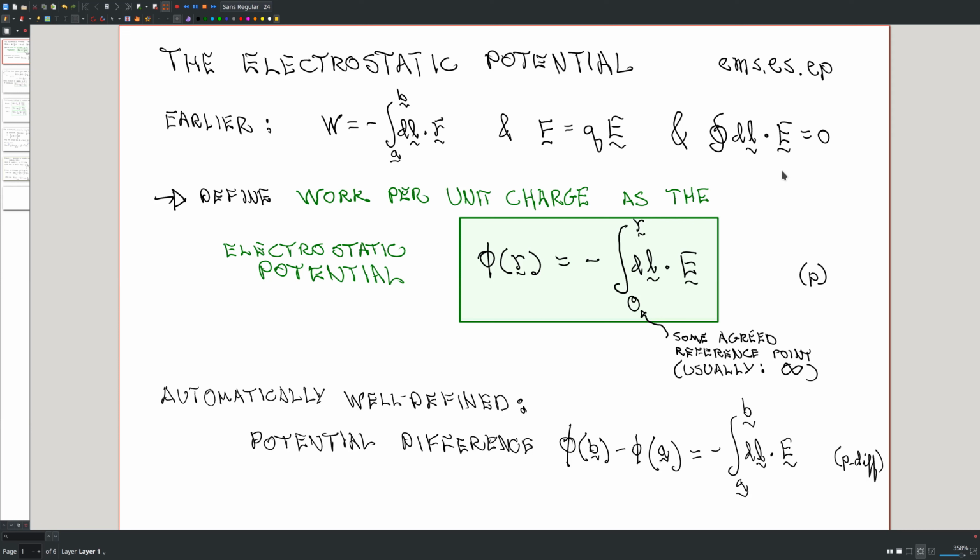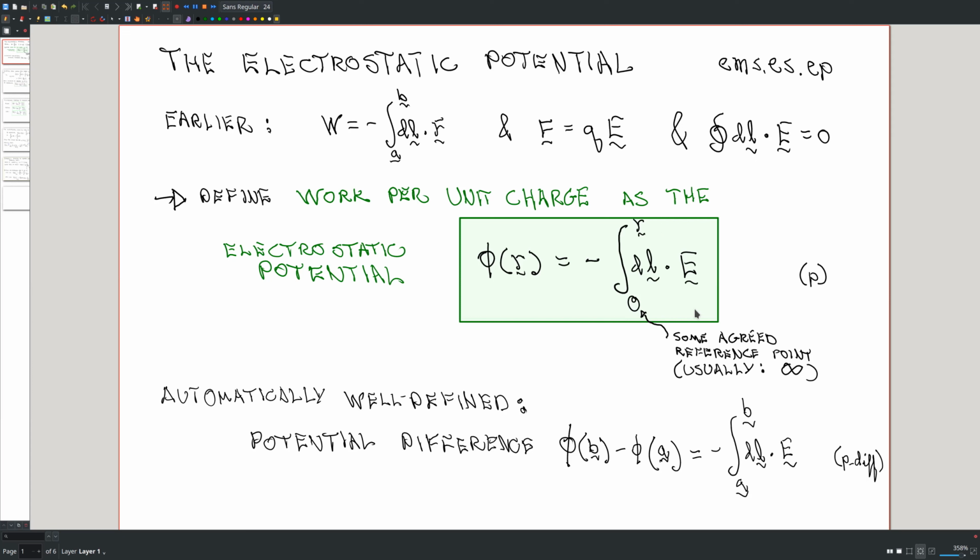Okay, so now just one other abstraction that we're doing here is that we're saying, well, actually, because I've got the fact that these line integrals over closed circuits are 0, it means really if I choose a certain reference point and I decide to compute a scalar number from the line integral from this reference point to whatever point I'm interested in of this electric field, I will get a kind of consistent construction.